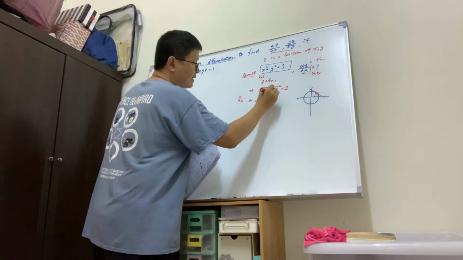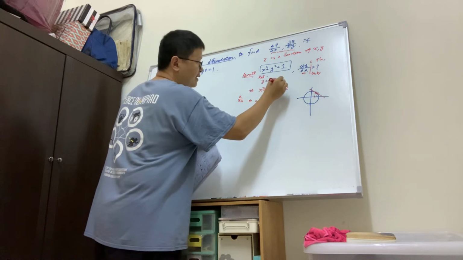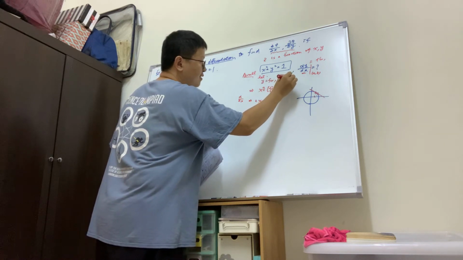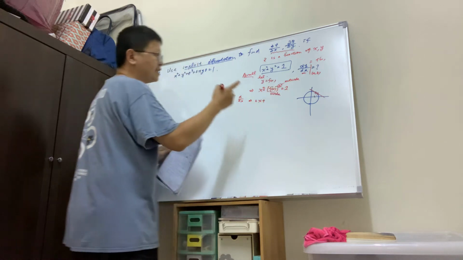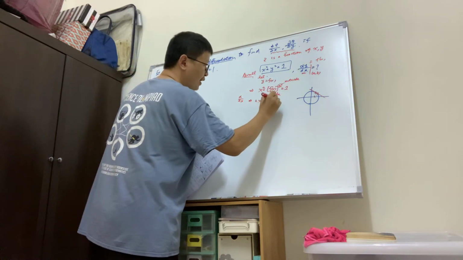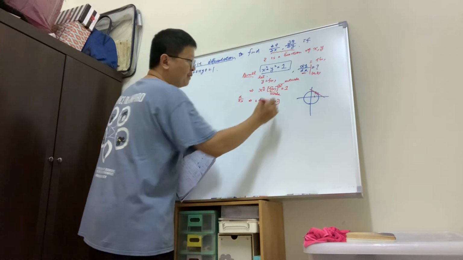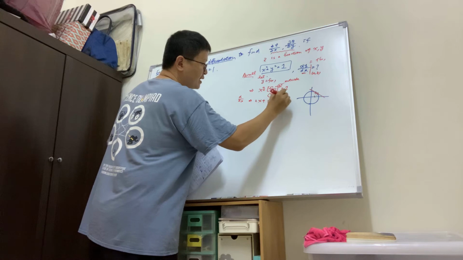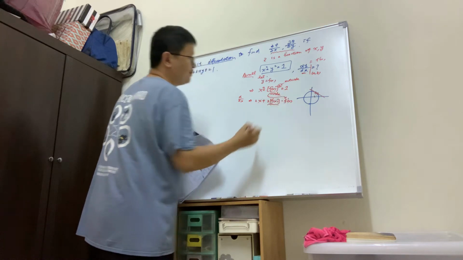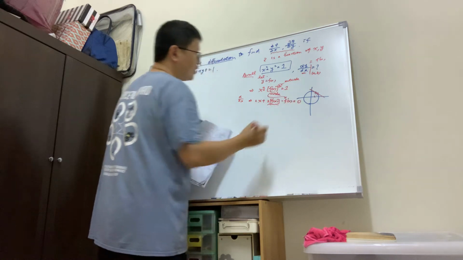In the second term, the inside is f of x and the outside is the square, so we take the derivative of the outside function, 2f of x, multiplied by the derivative of the inside function, f prime of x. The derivative of the constant is 0.